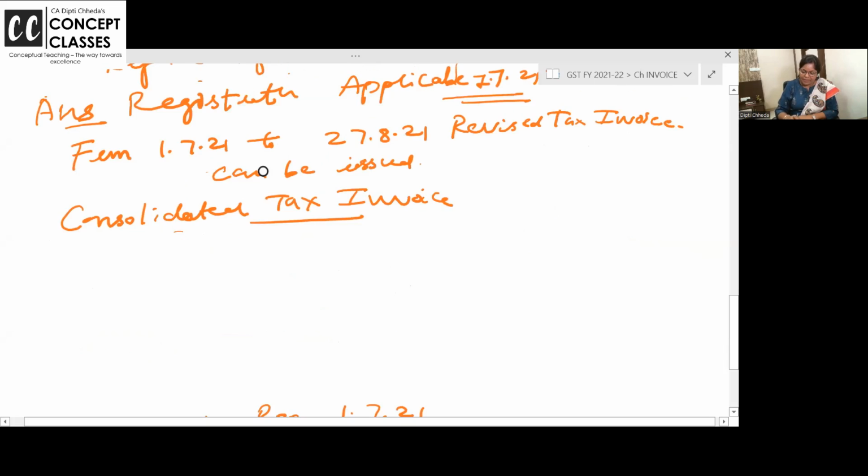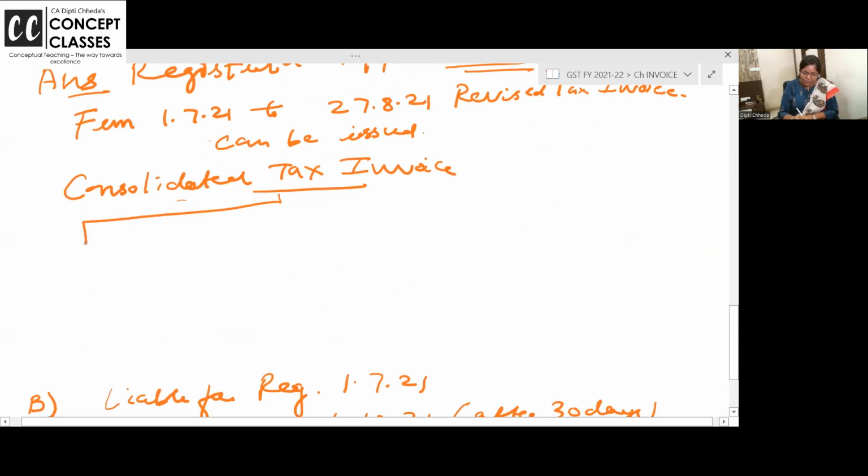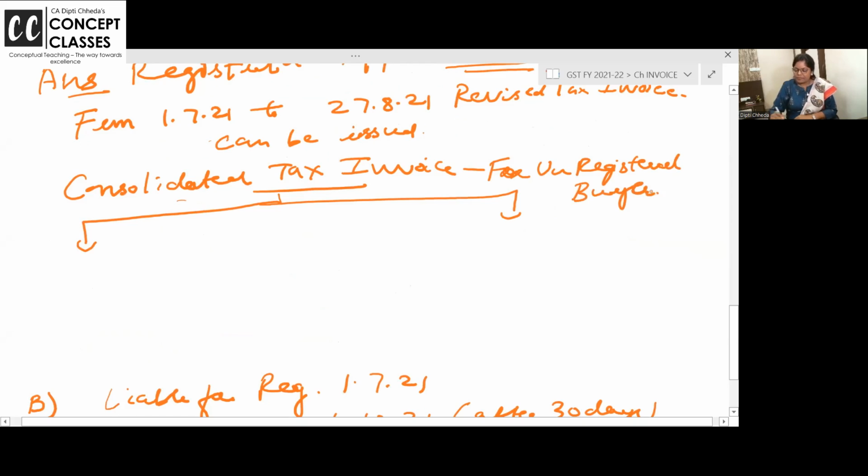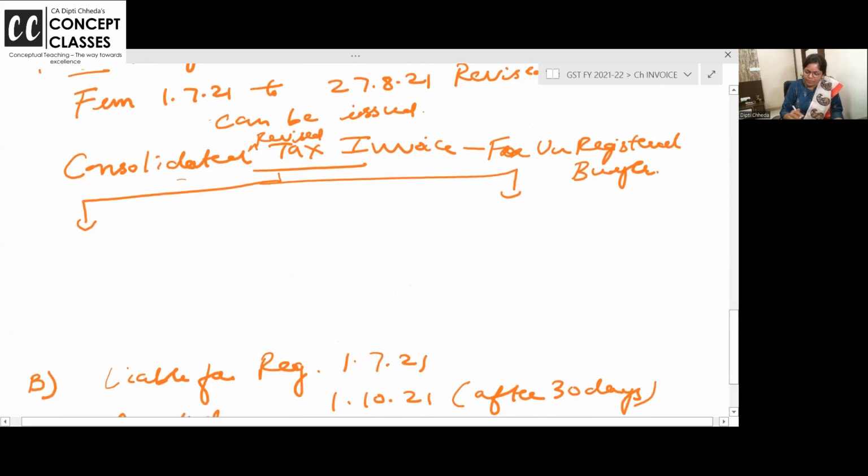Right? Here we have written: consolidated tax invoice for unregistered buyer. To an unregistered buyer we can issue a consolidated revised tax invoice. Is it clear to all of you? To an unregistered buyer.